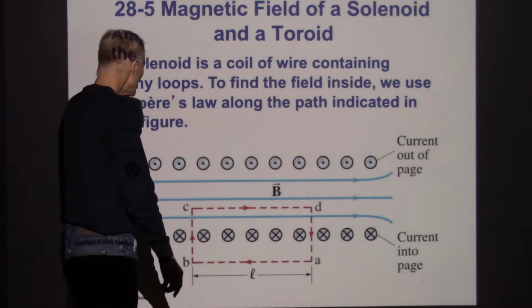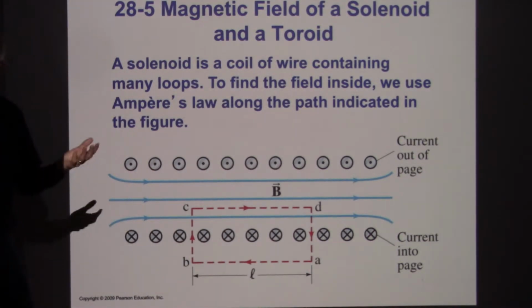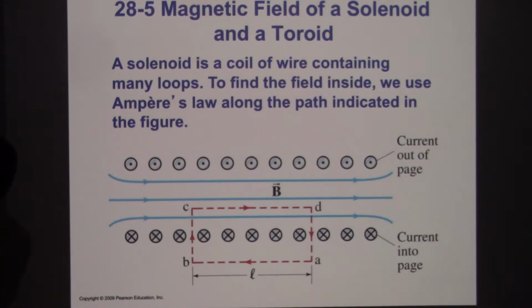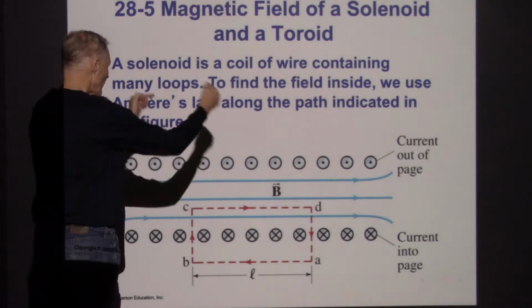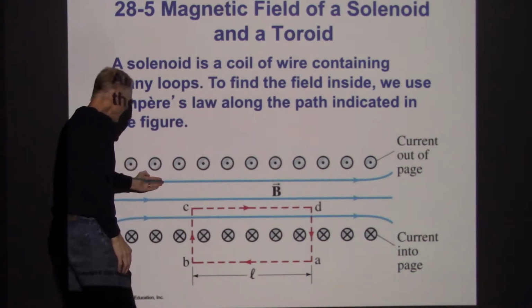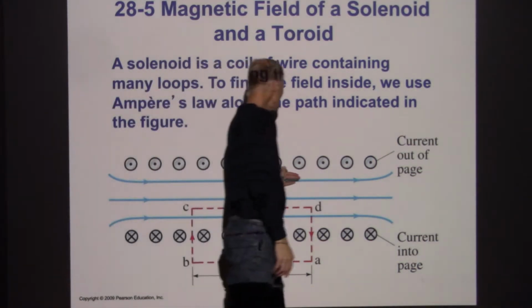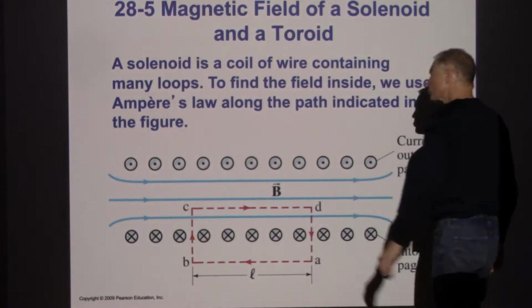Now, where could we come up with a path using Ampere's law? Where would be a good path to measure the magnetic field? Now, what we said is this circular pattern following the current gives us a concentrated magnetic field along the central region.